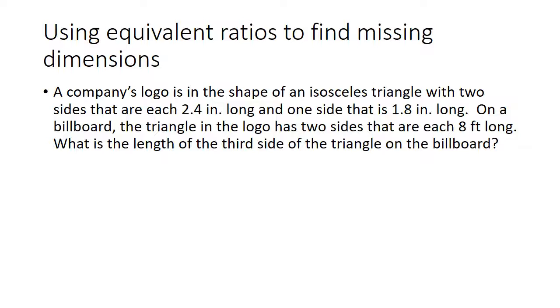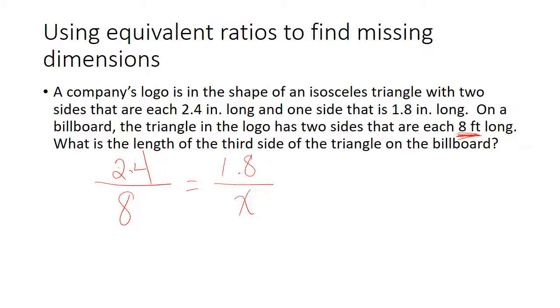So when we're doing this, we're going to set up a proportion. We're going to do our 2.4, which is one of the sides. Those sides correspond to 8 foot on the billboard. Then our third side is 1.8, and we are looking for this other side, x.